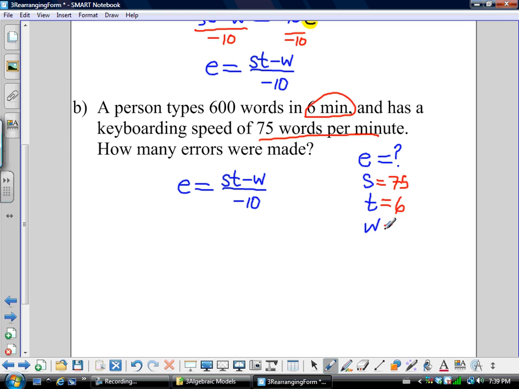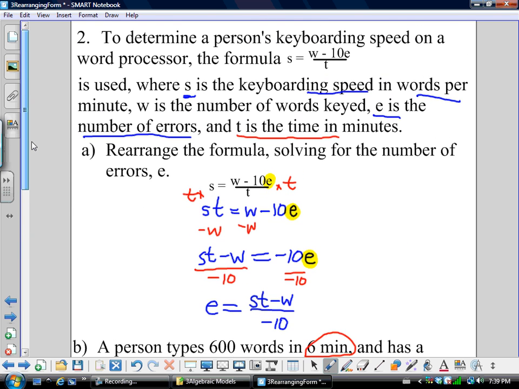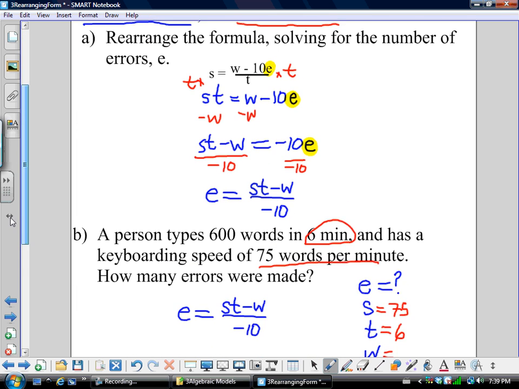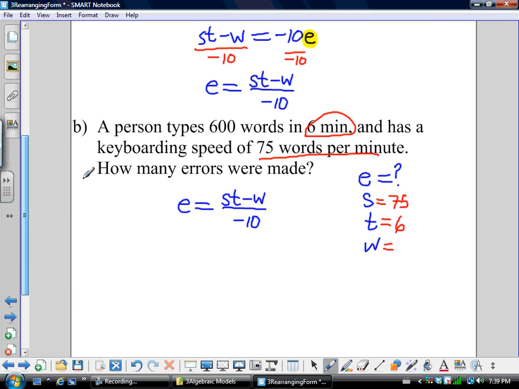And lastly, I need to find what W stands for. W, where are you? Oh, here it is. W is the number of words keyed. So it says a person types 600 words. So that's the 600, and that's what we need for our words keyed.